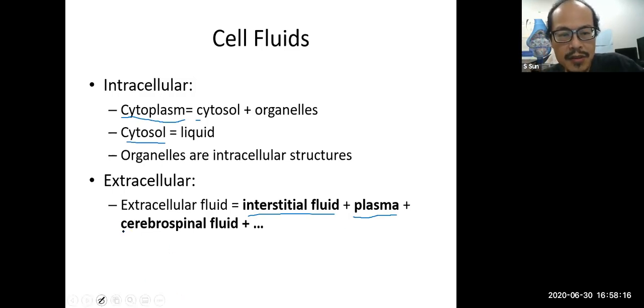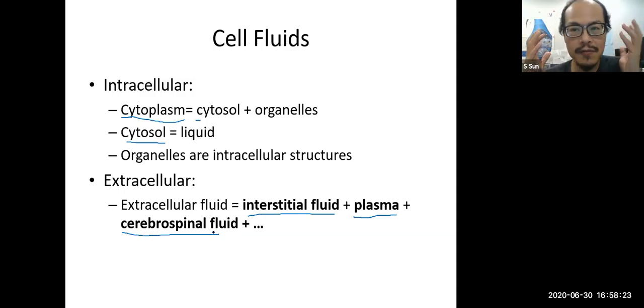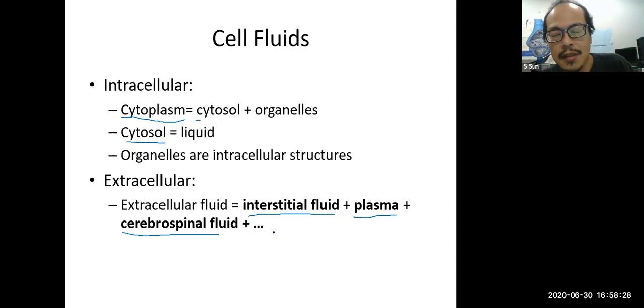Cerebrospinal fluid is also outside of the cell, in the compartment of the nervous system. We also have fluid in the eye, the intravitreal space. These are also extracellular, in the eyeball, but those are comparatively very small amounts of fluid.